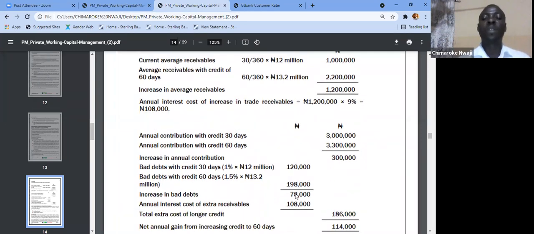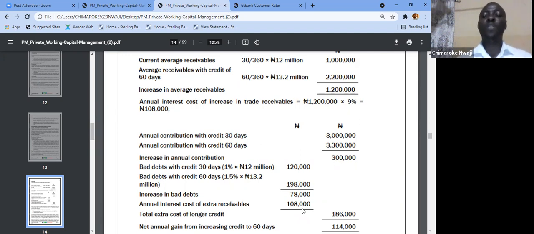So yes, you are happy you have that 300,000 naira increment in contribution. But look at it. Your bad debt has increased by 78. Not only that, your cost of finance has increased by 108. When you add them together, you have a total extra cost of changing the credit term from 30 to 60 days. The extra cost is now 186,000.